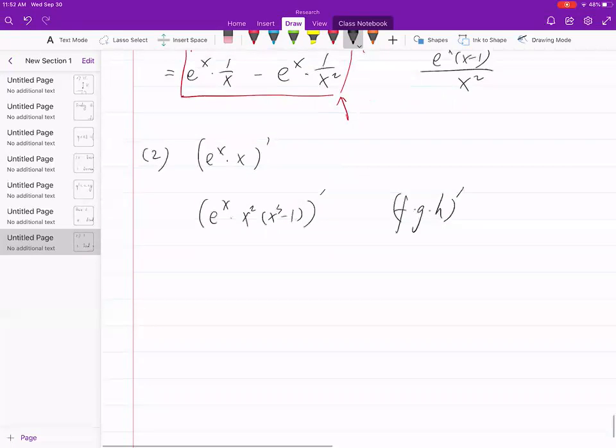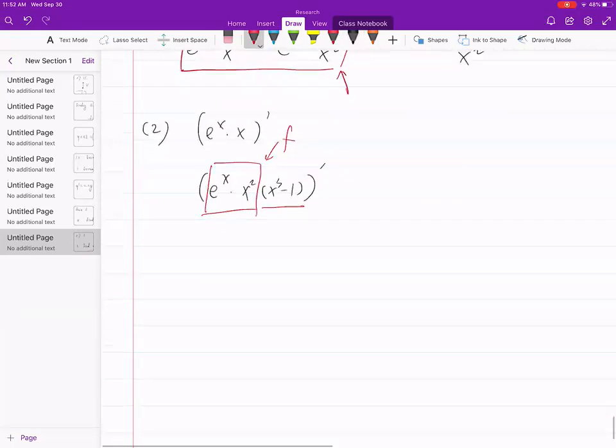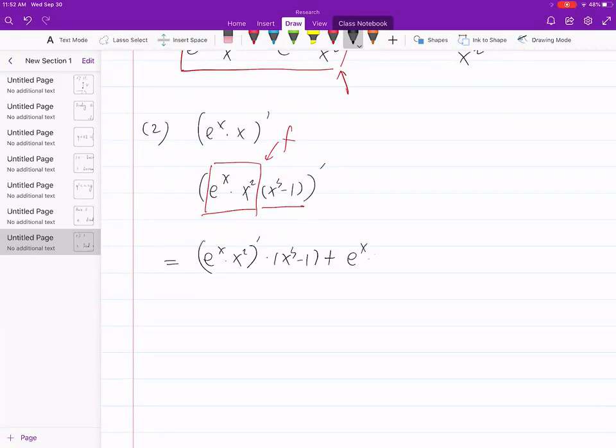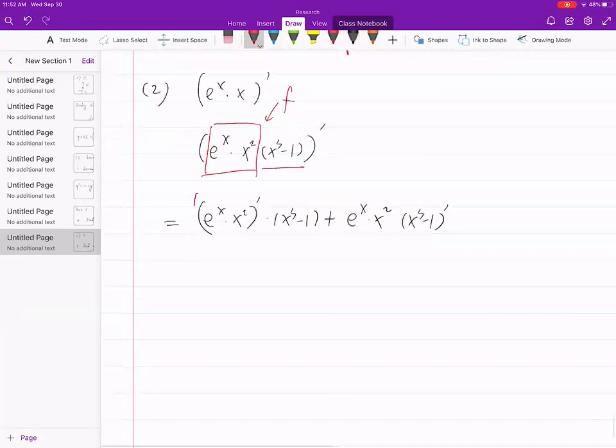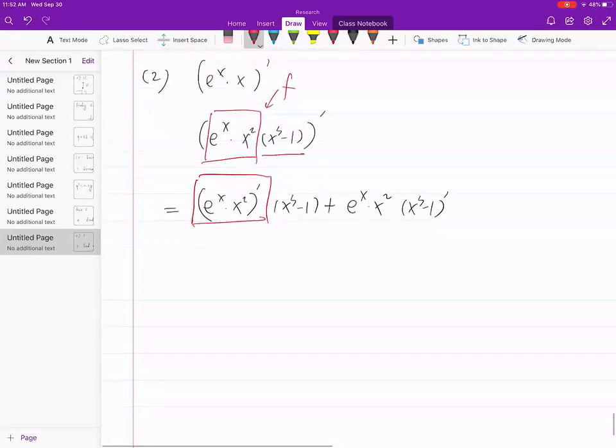How are you supposed to use product rule to solve this? Well, number 1, you can pretend these two together is one function f, and the last one is g. So just use the product rule one time, pretending these things are the product. And then for this part alone, because it's a combination, you do the product rule again, just for this part.